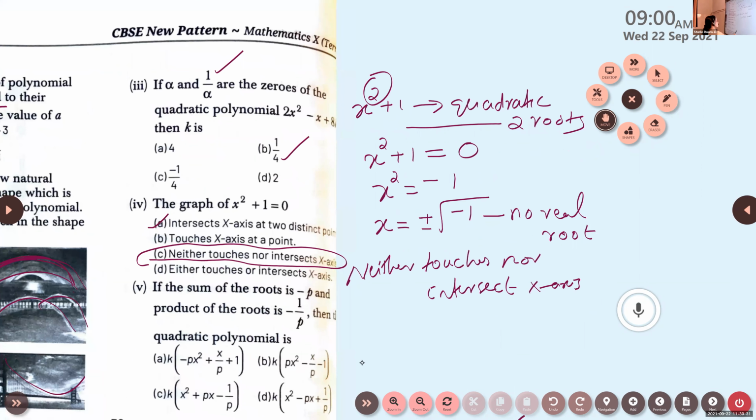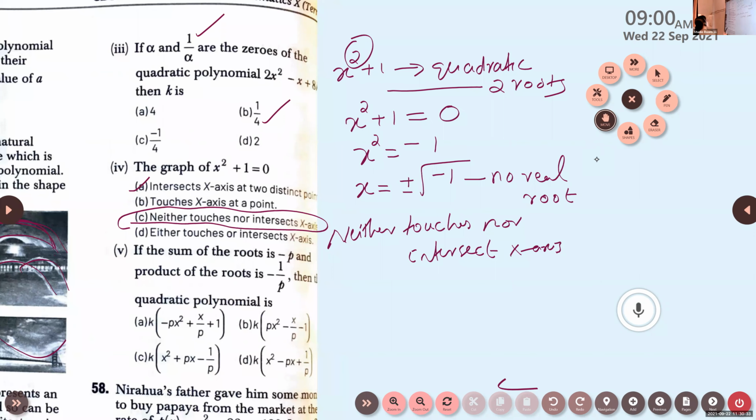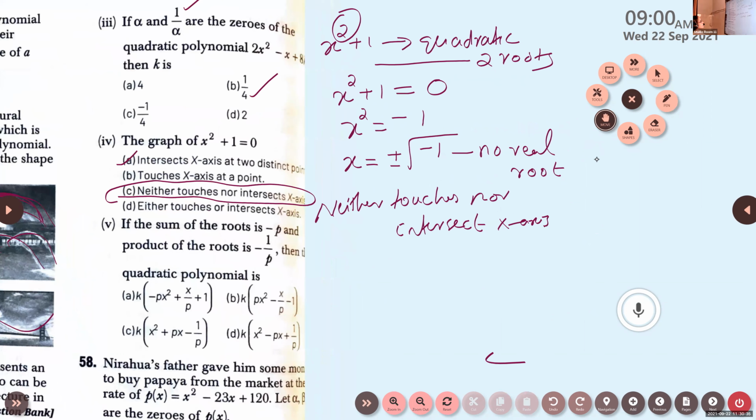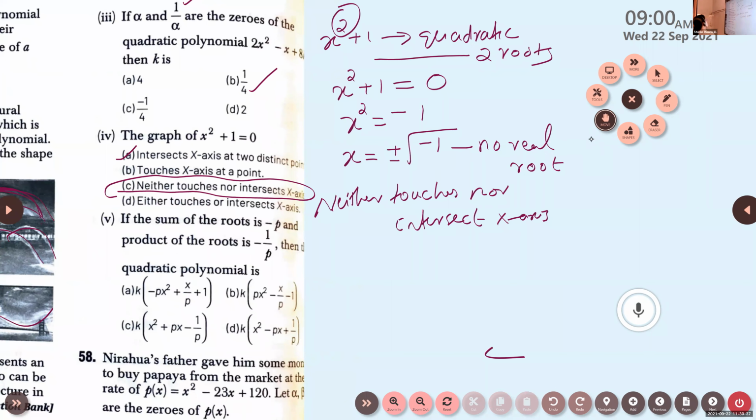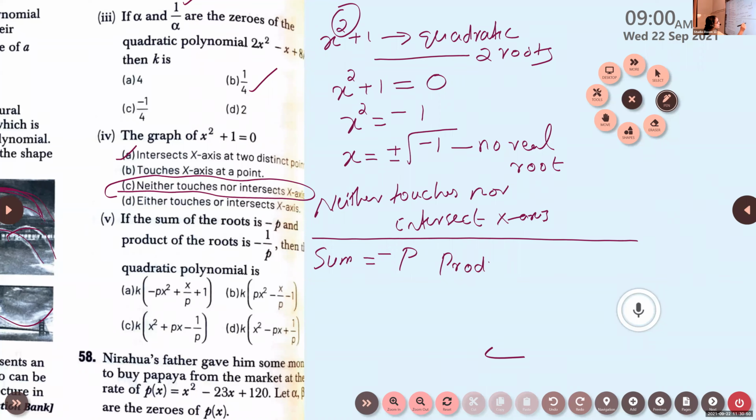Fifth question. Write the question, fifth one. If the sum of roots is -p, and the product is -1 by p, then the quadratic polynomial is, what is the formula for finding the quadratic polynomial?